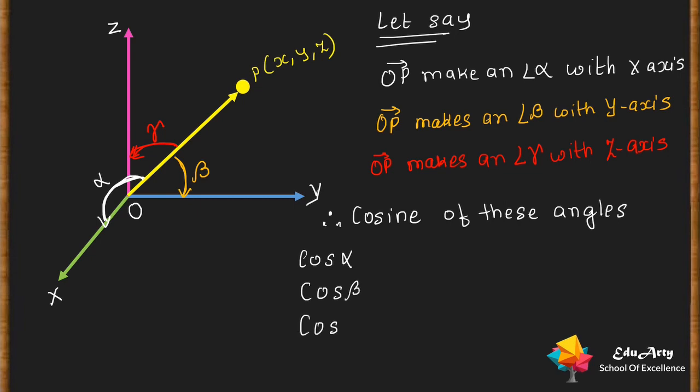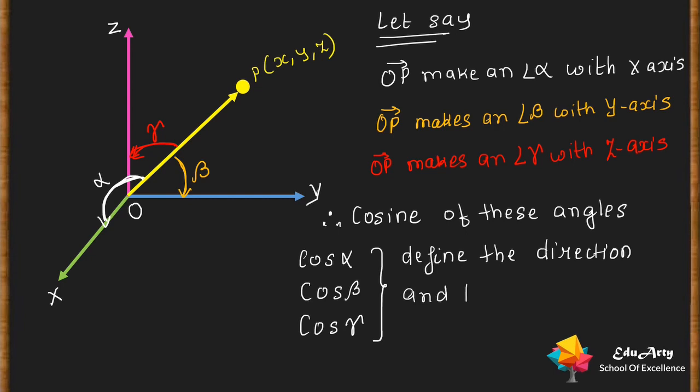You will take the cosine value of all these angles that we have defined. These cosines will define the direction.